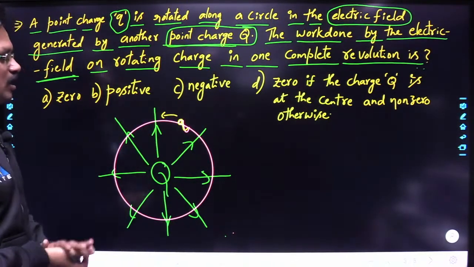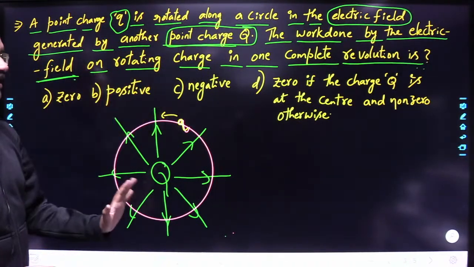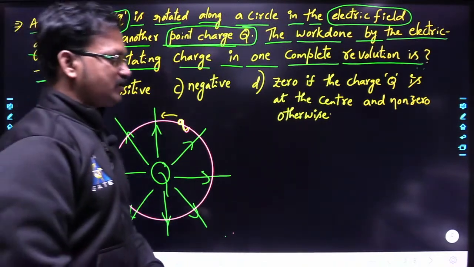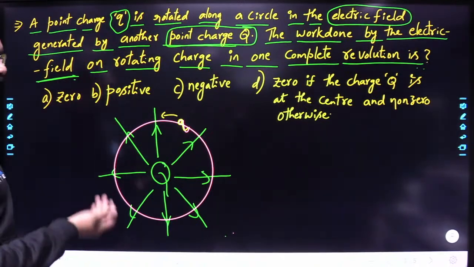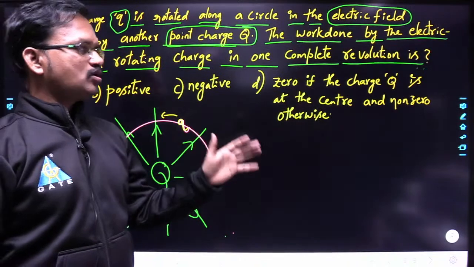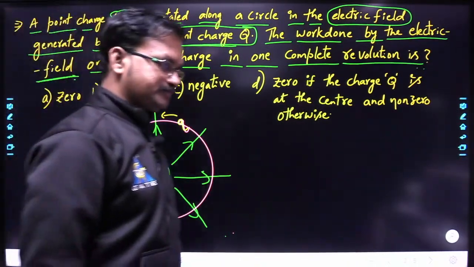Now they are asking what is the work done by the field on the rotating charge in one complete revolution. I have given the options: 0, positive, negative, and 0 if the charge is at the center and non-zero otherwise.